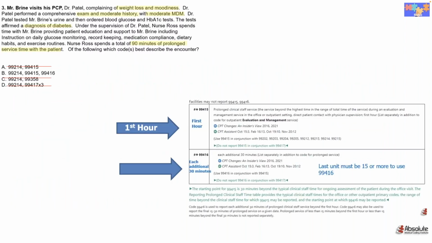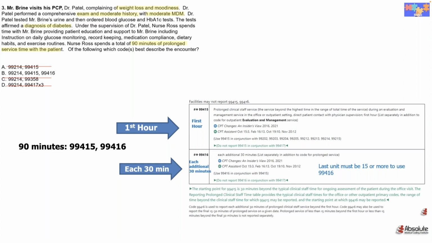We're going to go to the code series. 99415 will be coded for the first hour, and 99416 will be for any additional 30 minutes, with the last unit having to be at least 15 minutes or more. So that last unit doesn't have to be 30, it has to be 15 minutes or more.